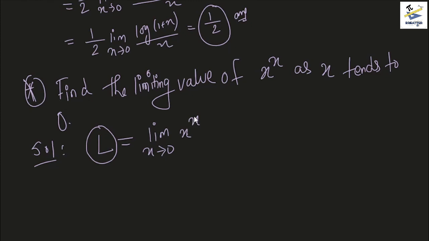Because whenever you see this kind of exponential thing which is not solvable, as I said, functions and limits are interchangeable, so we can take log on both sides to find this. So firstly it would be log of limit x tends to 0 x to the power x, right?